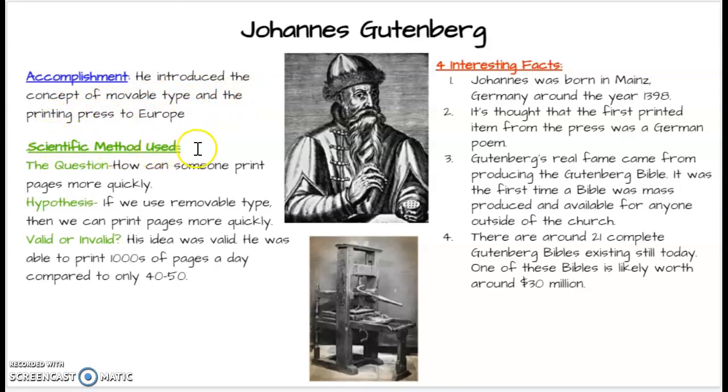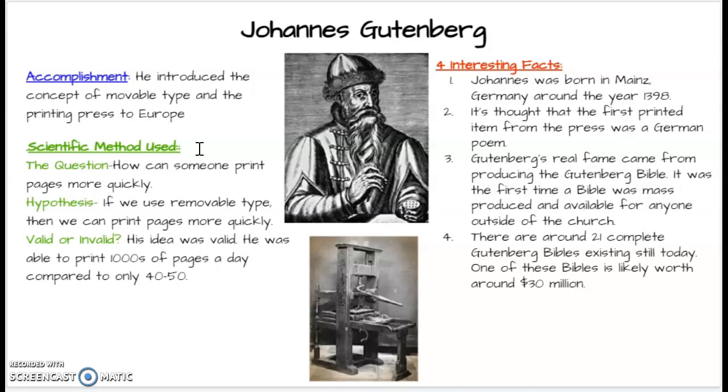The scientific method used. Now, the information given to me by my teacher doesn't say what his question or problem was, or what his hypothesis was, but you can kind of gather what it would have been if he had to sit down and write out a scientific method based on his invention, right? So the question or problem was, how can someone print pages more quickly?